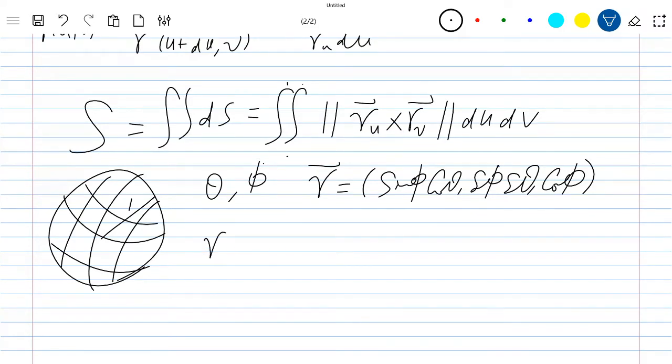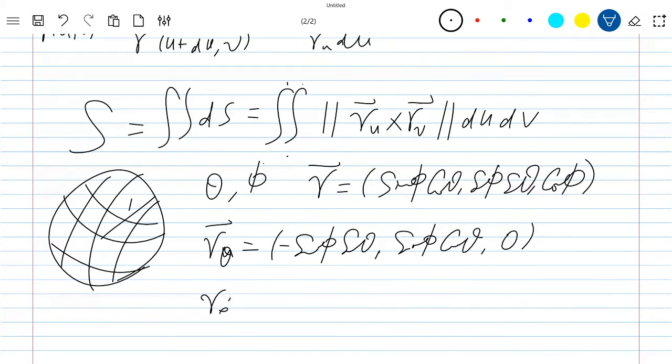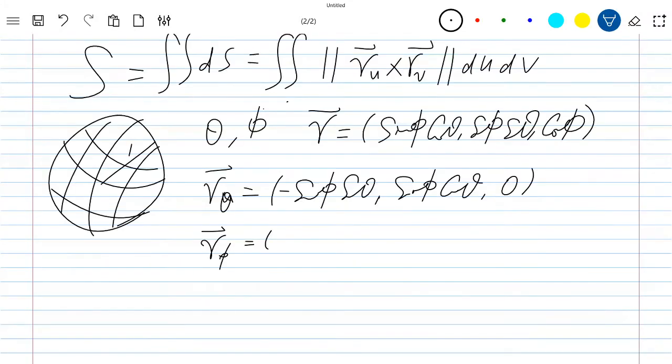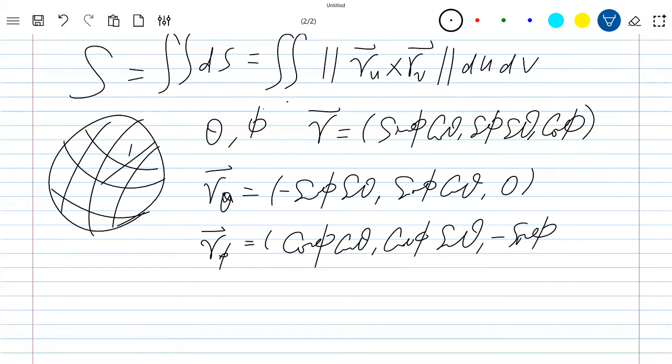Let's take Ru first; in this case, it will be r theta. Taking the theta derivative, you will get negative sine phi sine theta, sine phi cosine theta, and 0. Remember, r phi would be cosine phi cosine theta, cosine phi sine theta, and negative sine phi.